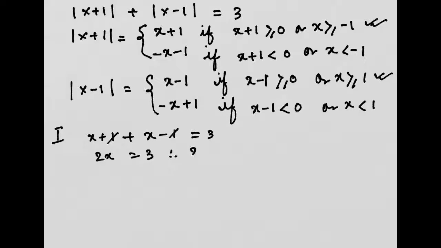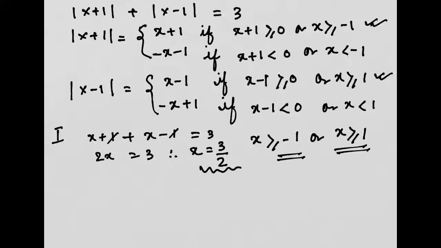So I am getting x equals 3 by 2. Now see, when x is greater than or equal to minus 1 and x greater than or equal to 1, yes, 3 by 2 lies at a point where these two conditions are satisfied. So yes, 3 by 2 is a solution for my given equation.